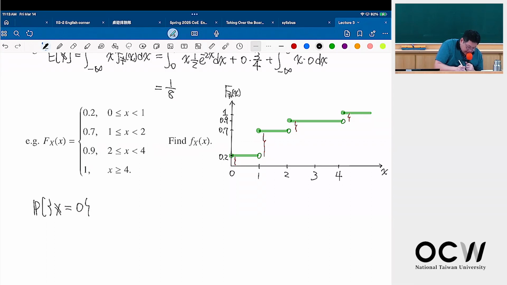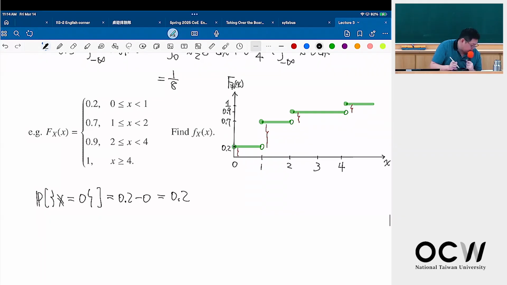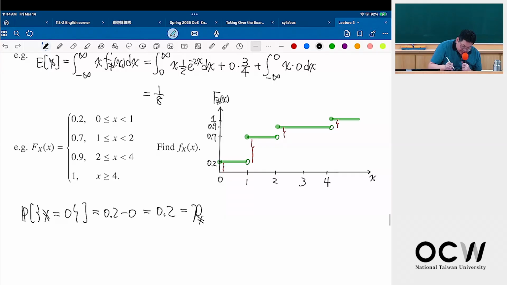That means the gap, 0.2 minus 0, that's 0.2. Which is also, because you can see this is like a discrete, so it is a PMF at 0.